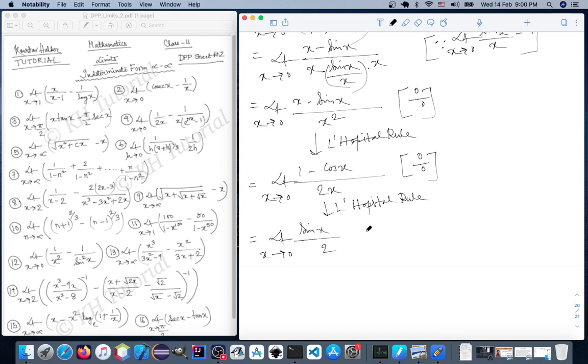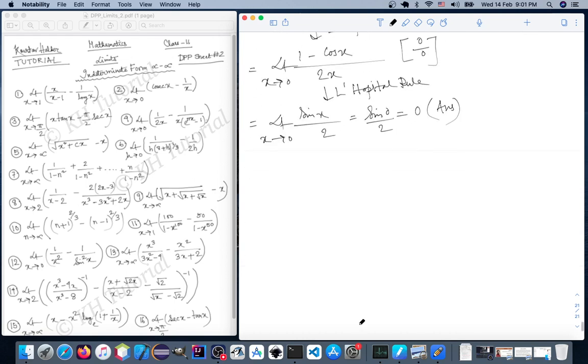Now we can directly substitute the value x equals 0, and we get sin 0 by 2, which is 0. 0 is the answer. Let's move to the next question.